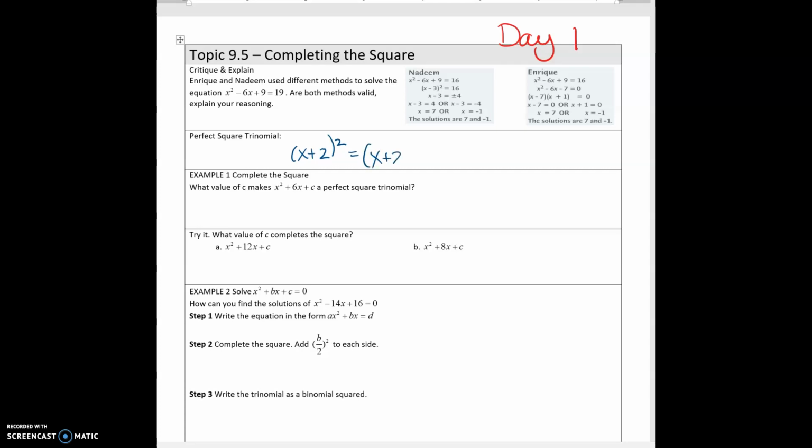So x plus 2 times x plus 2. It turns into a perfect square trinomial when you multiply it. So if you FOIL it, or you did the box method, you would get x squared plus 4x plus 4.